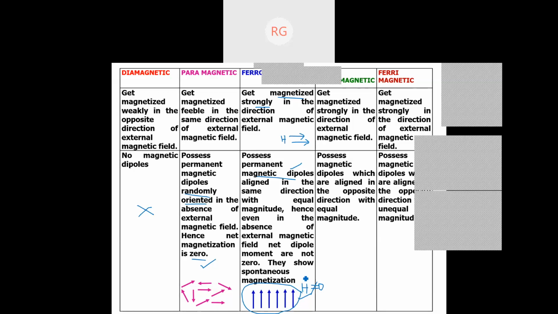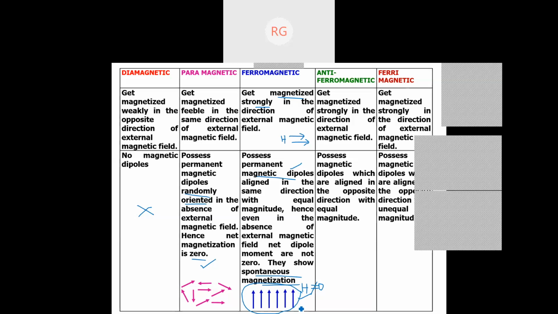Hence, such a property of showing magnetism without applied external field is called spontaneous magnetization. So, spontaneous magnetization is a process of showing net magnetic dipole moment even in the absence of applied field. That is the most important and fundamental property of ferromagnetic materials.